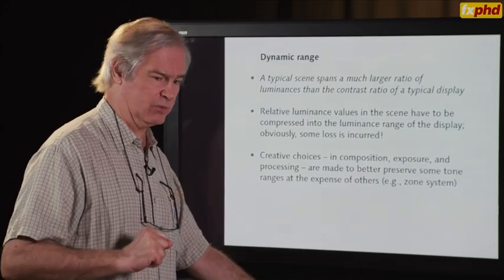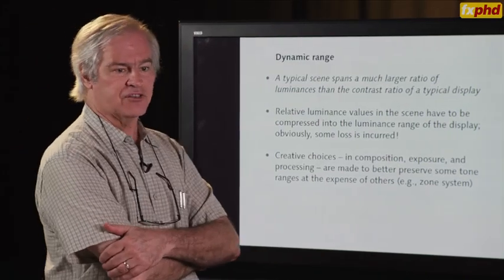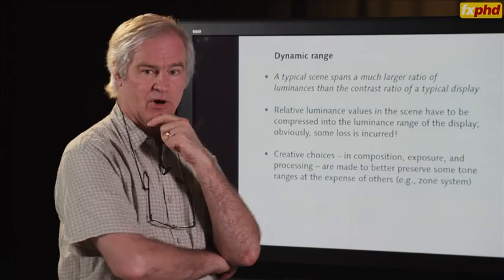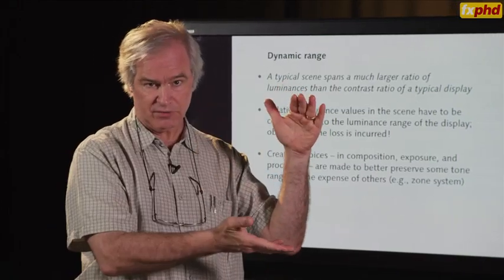We start with dynamic range. A typical scene in front of a camera or in front of our own eyes has a very large ratio of luminance from the brightest element to the darkest element.